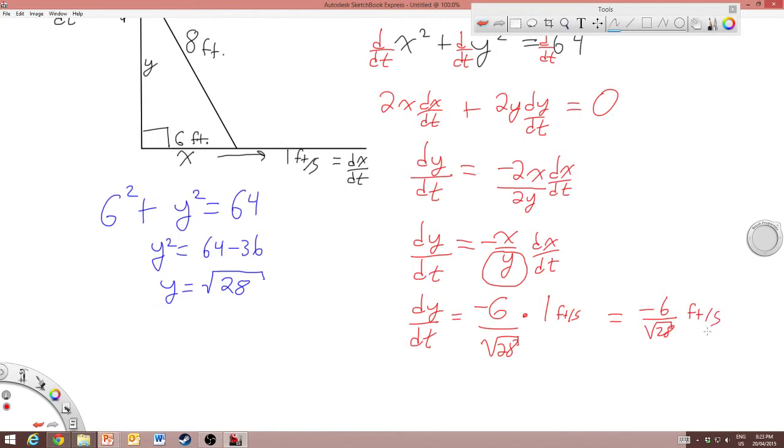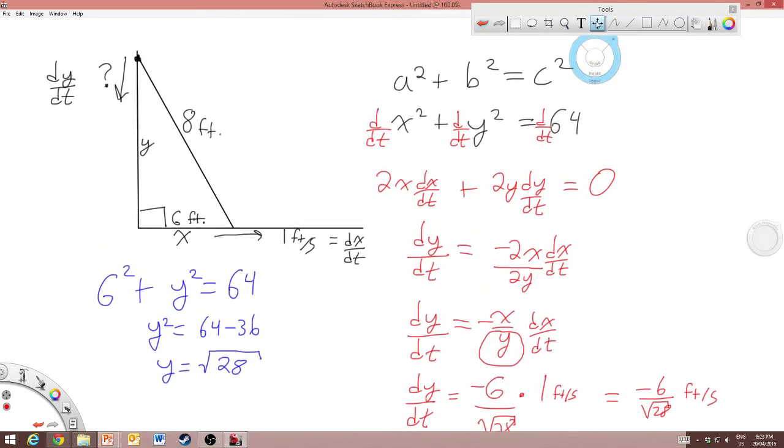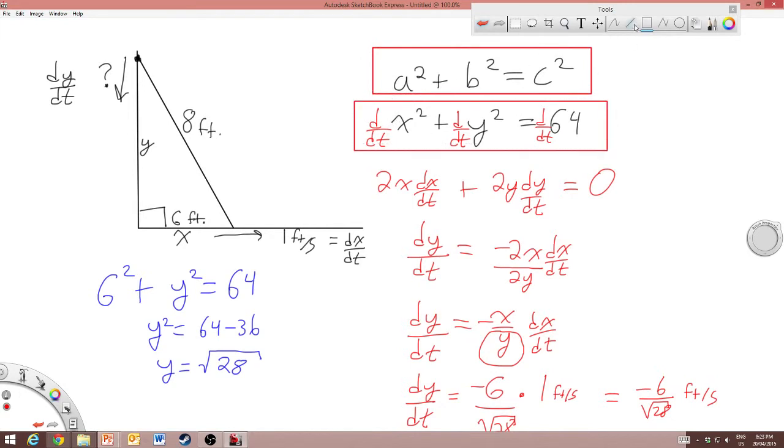Now, as you can see from the last two examples, all we really did was figure out what equation we were working with. In this case, we were working with Pythagoras. Take the derivative of that equation with respect to time, and then solve for the rate that we're interested in, which we identified based on this diagram that we drew.